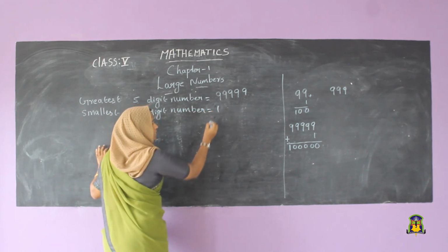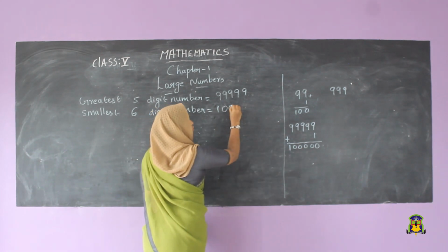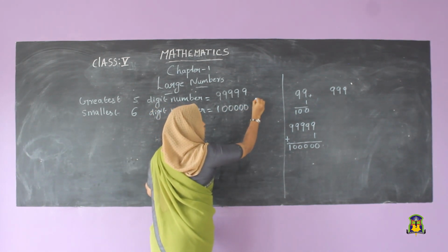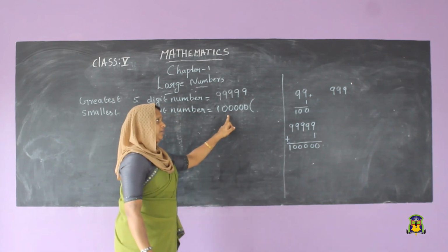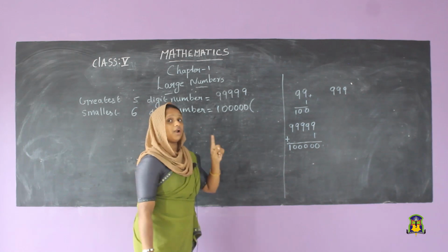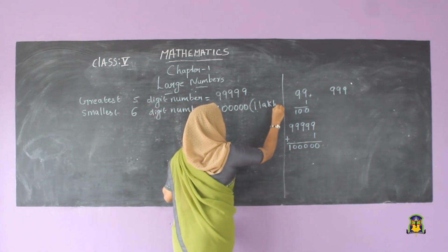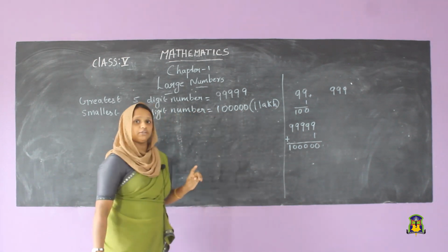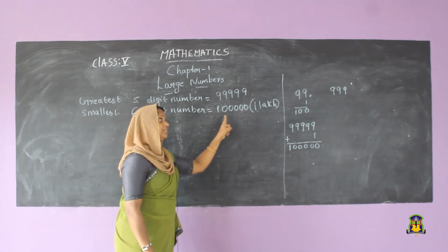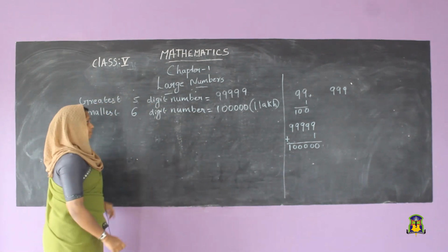How many zeros? 1 2 3 4 5. You can call this number 1 lakh. Okay, 1 lakh. That means 5 zeros will be there. We call this number 1 lakh.